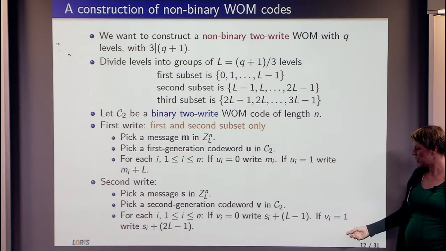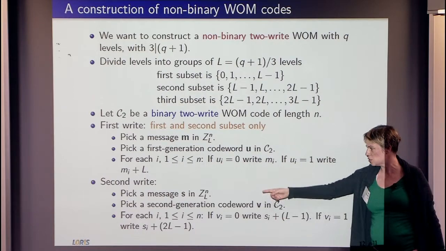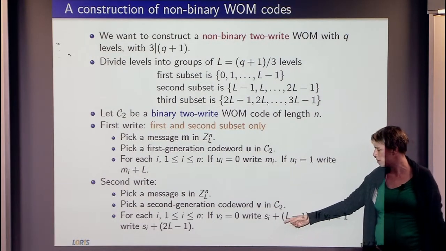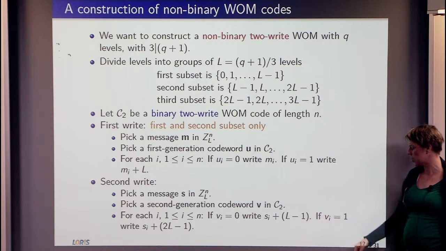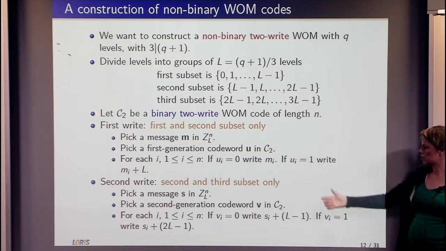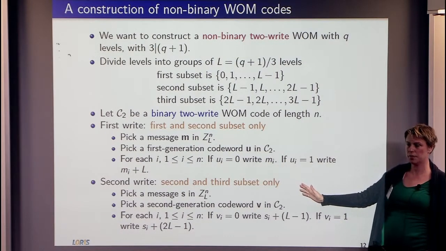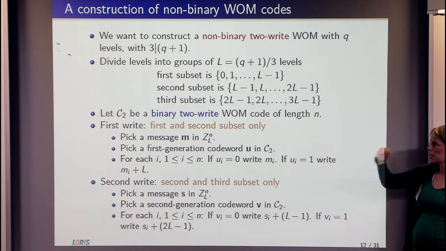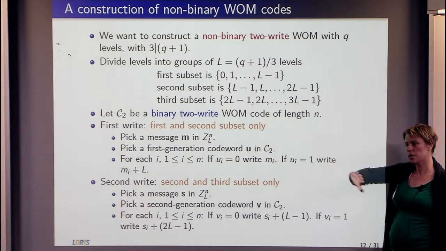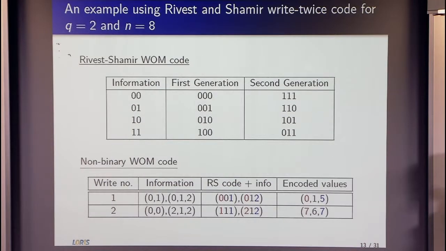And now again, where s_i is the i-th entry in your new message s, you write either value s_i plus L minus 1 or s_i plus 2L minus 1. What that means is you're only writing on the second and third subsets. So if you do this carefully, as we have done here, you're guaranteed that you're only going up, avoiding these illegal transitions.